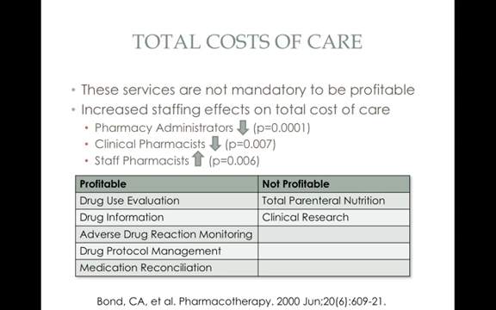Certain clinical pharmacy services have good evidence supporting profitability, including drug use evaluation, drug information, adverse drug reaction monitoring, or medication reconciliation, whereas clinical research and TPN management has been shown to be non-profitable.